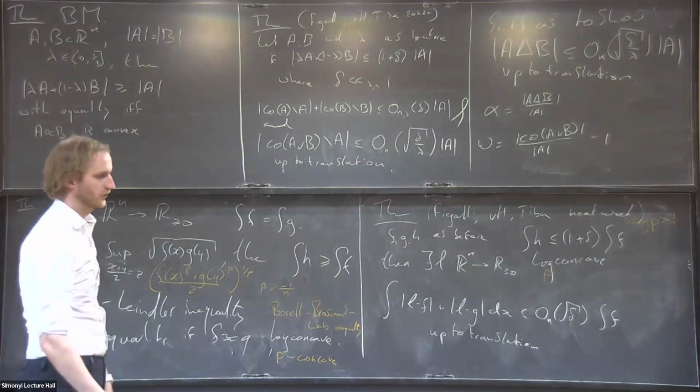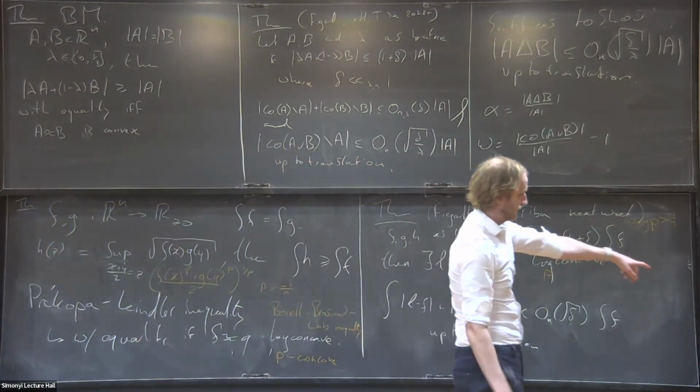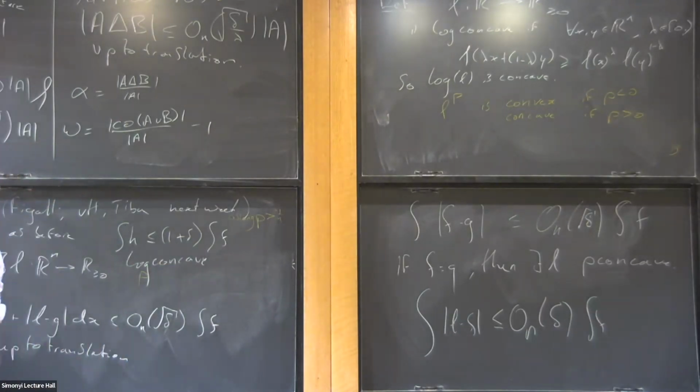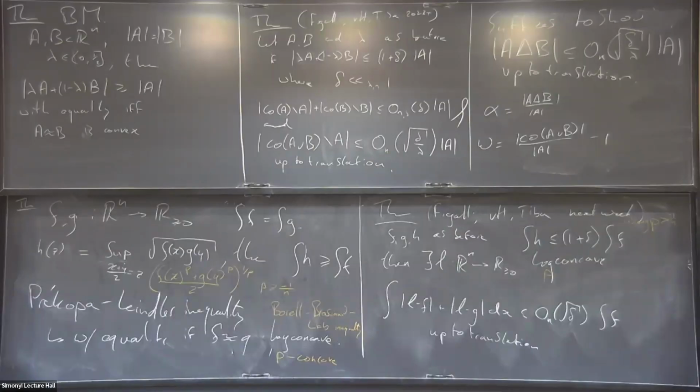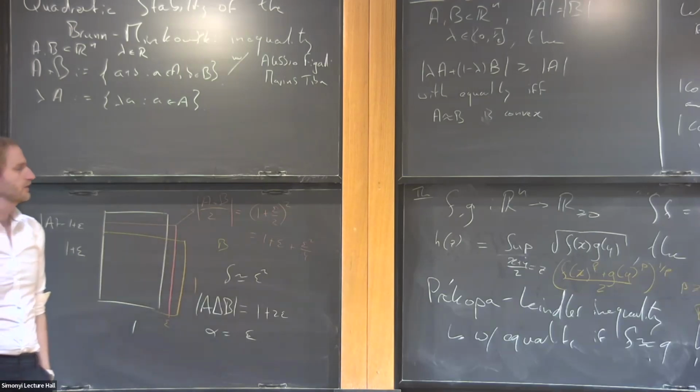That function will have small doubling and will thus be close in symmetric difference distance to a p-concave function, which will then be close to the individual functions that we started with. So there are two parts to the proof.